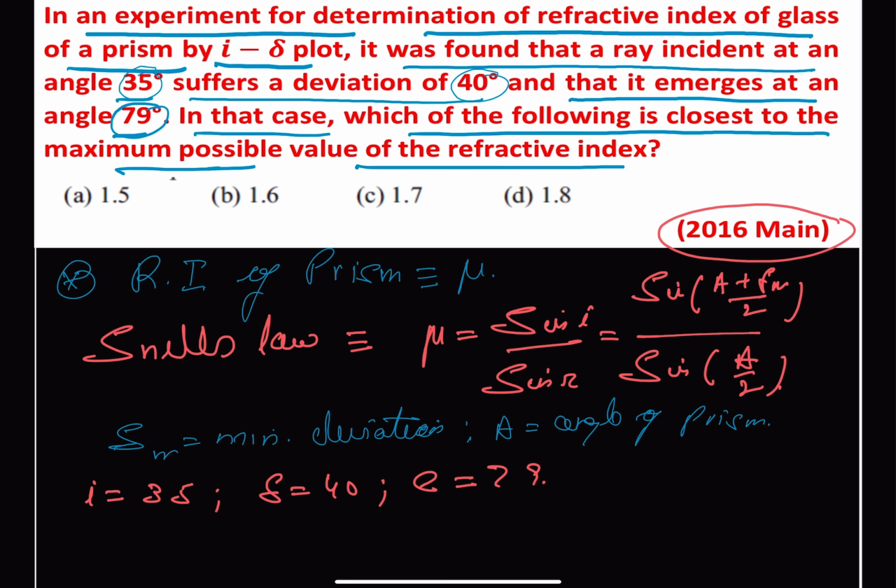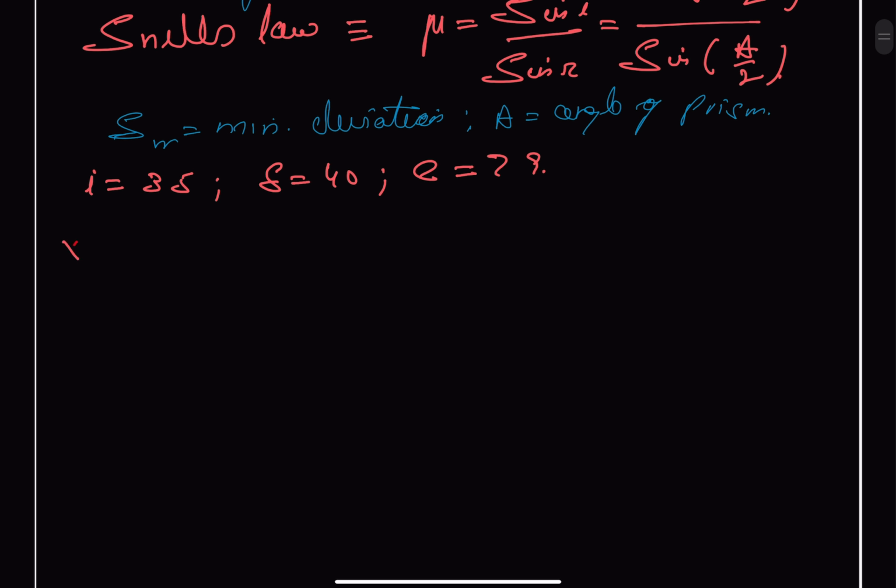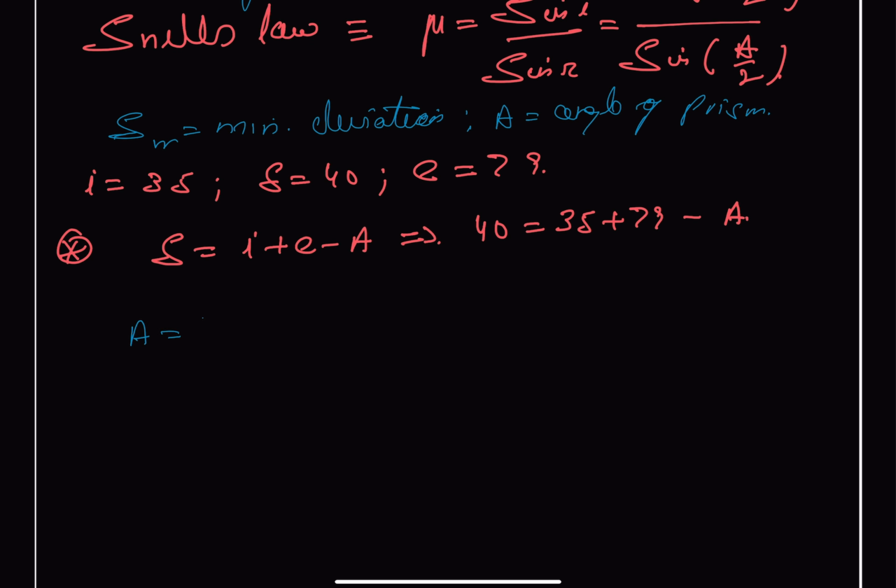We also know the general relationship that the angle of deviation is equal to I plus E minus A. So from here we can easily find our angle of prism A. Delta is 40, I is 35 plus 40 minus 79 minus A. This gives us that A will be 74 degree.